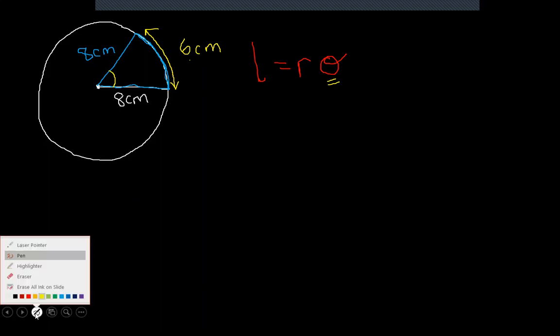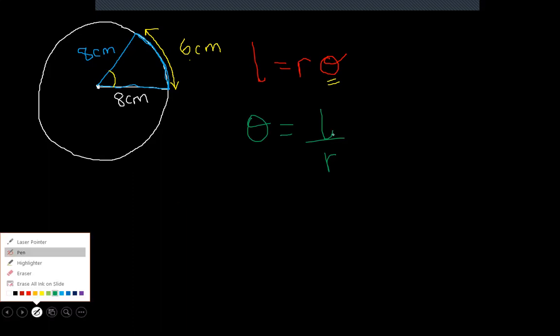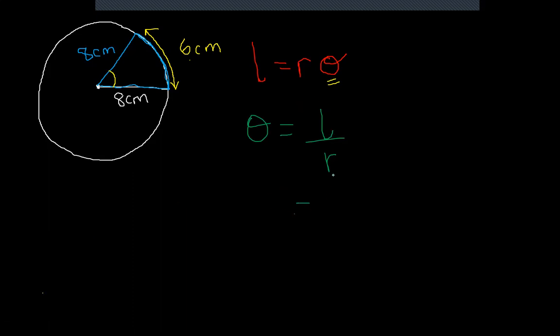You could, it's your choice, right? So since you want to find the value of theta, the first thing you could do is make theta the subject of the formula, right? So theta would be equal to L on R. Theta is equal to the length on the radius, right? We know length is 6, radius is 8.